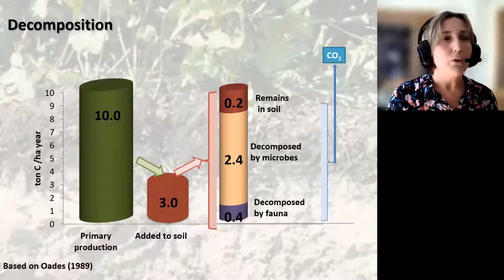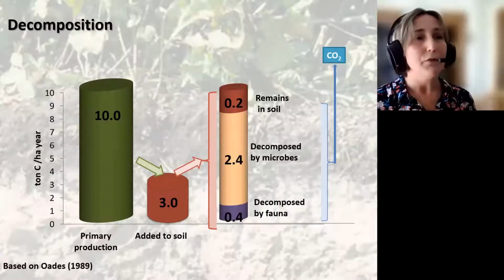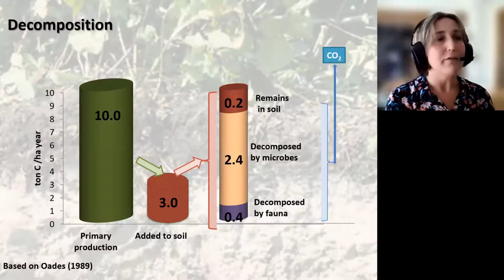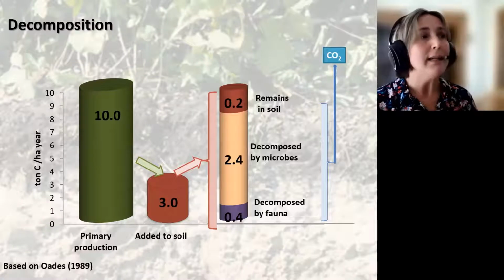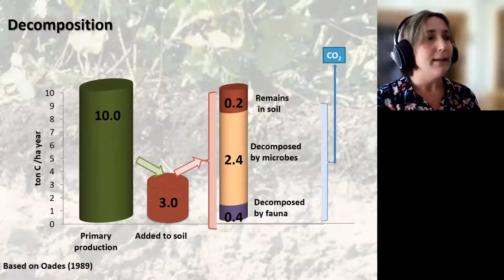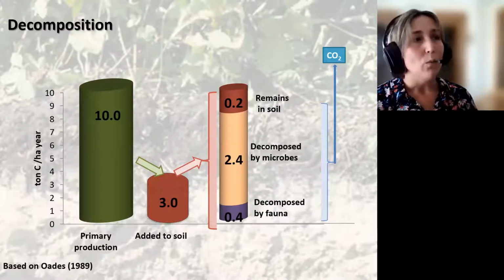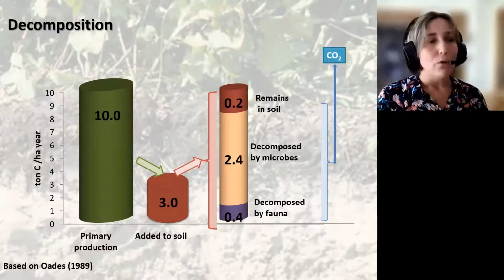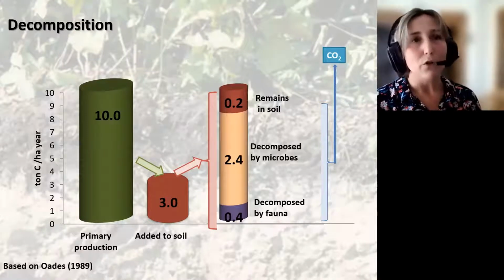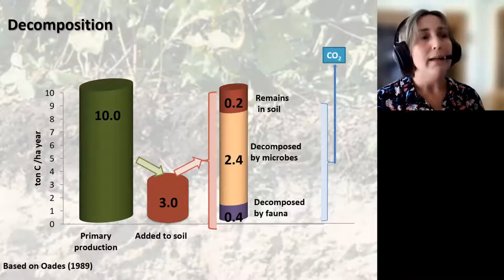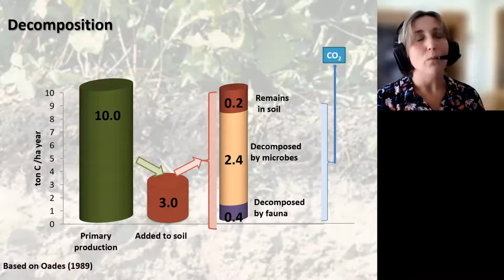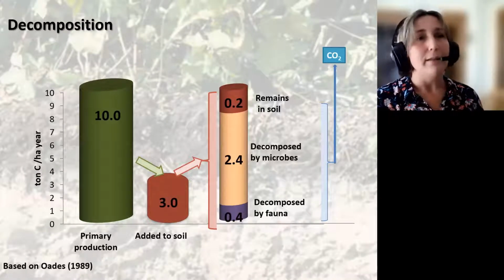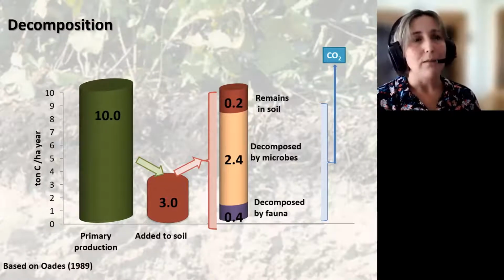So overall, in this big picture of events, how much goes where? If let's say 10 tons of carbon was created through primary production, then about a third of that is estimated to go into the soil. And from there, some 1-2% is the only thing that will remain in the soil.